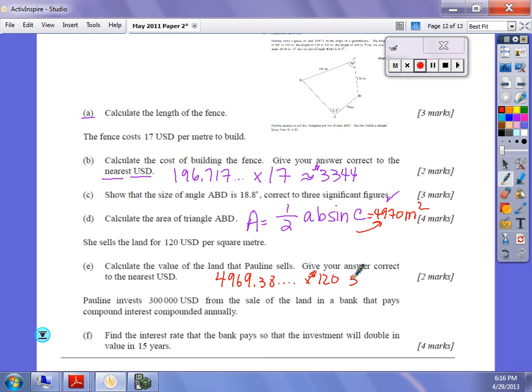So 596,327 US dollars. And we're going to leave that to the nearest dollar. And let's see what happens next.